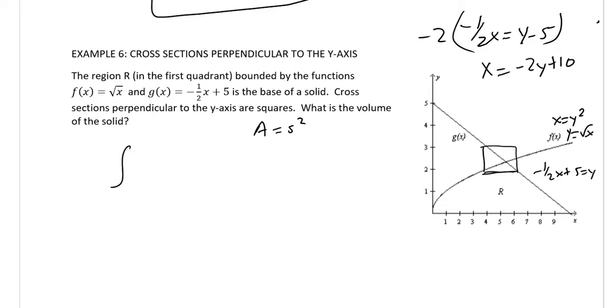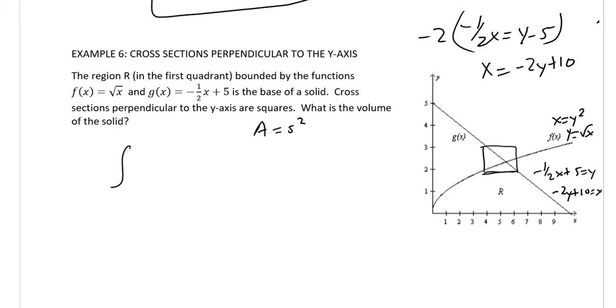So then this is negative 2y plus 10 equals x. That's the function. So that's clearly the top function, and the bottom function is x equals y squared.